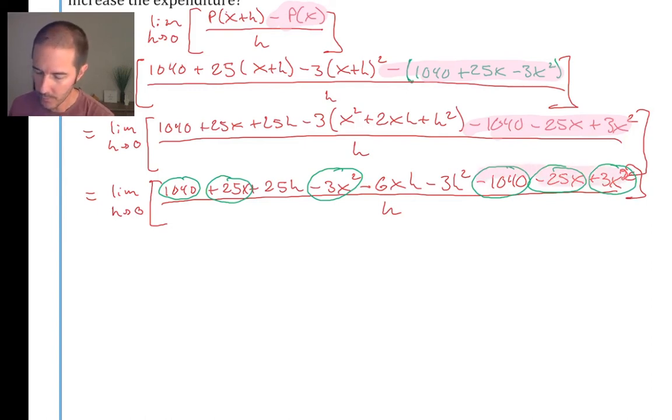All 3 of those terms canceled out with 3 terms from earlier in the statement. That should happen every time you evaluate the difference quotient like this. If you don't cancel out all of those terms that were in your original function, like I've highlighted here, something has gone wrong.